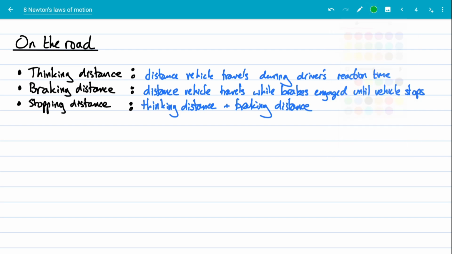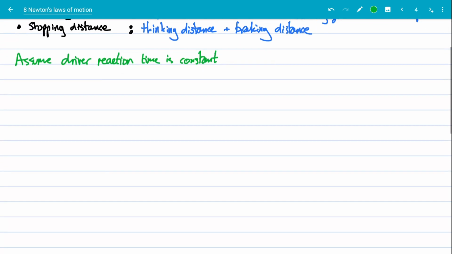So we're going to make some assumptions here. Let's assume driver reaction time is constant. Now, of course, it's not, but let's assume it is.